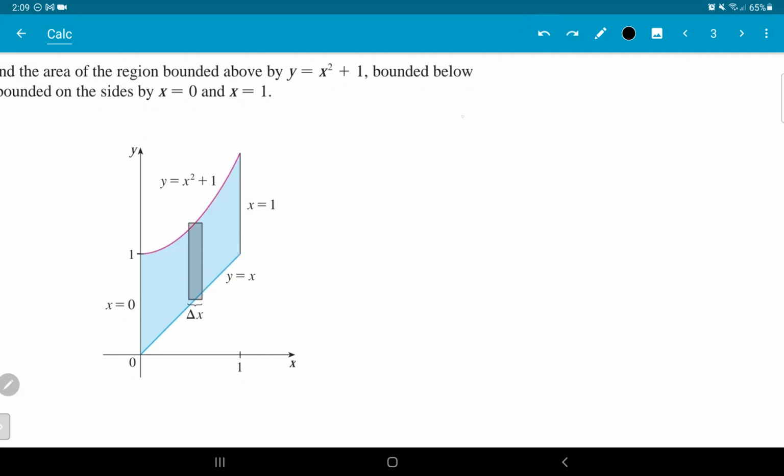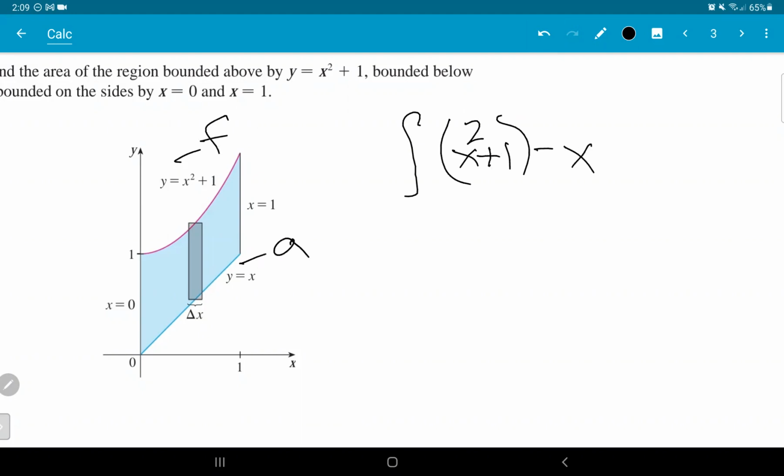So we have the integral of x squared plus 1 minus x. So this is your f of x, this is your g of x. F of x equals x squared plus 1. G of x equals x. And you subtract the two functions. This is the higher. This is the lower.